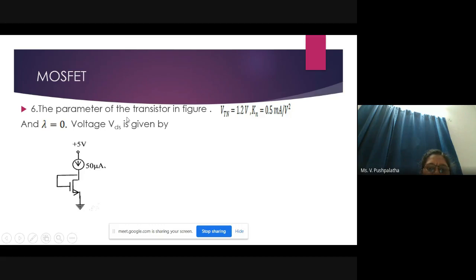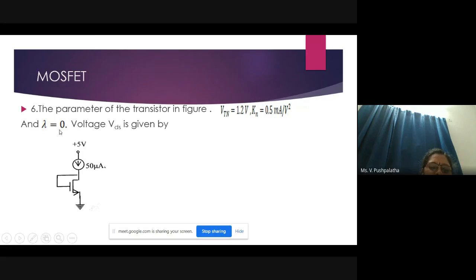So the parameter of the transistor, threshold voltage they had given as 1.2 volt. Kn is actually mu n Cox by 2 W by L, right? Sorry, mu n Cox W by L value they had given, which is 0.5, and lambda is given as 0. So what is this lambda?